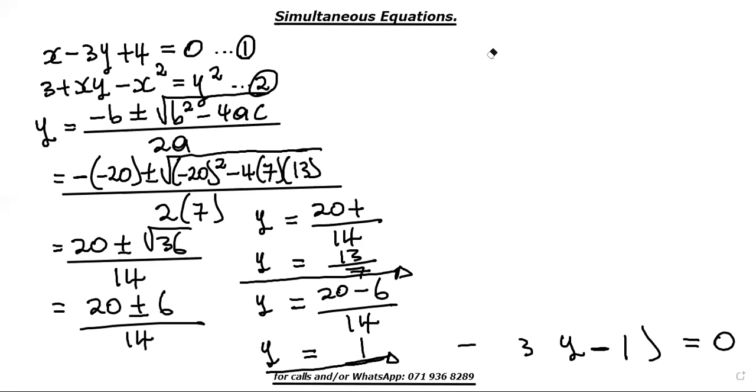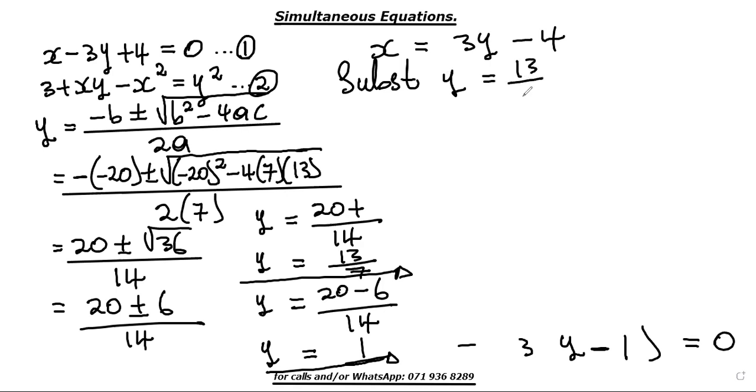Oh, I have erased the third equation, but the third equation was x equals 3y minus 4. So we tell them that we substitute y equals 13 over 7 and y equals 1 into equation 3. We have to tell them everything we do.